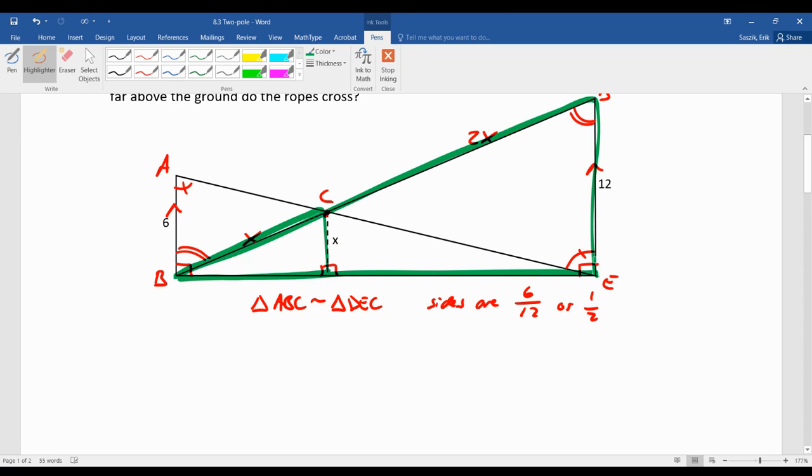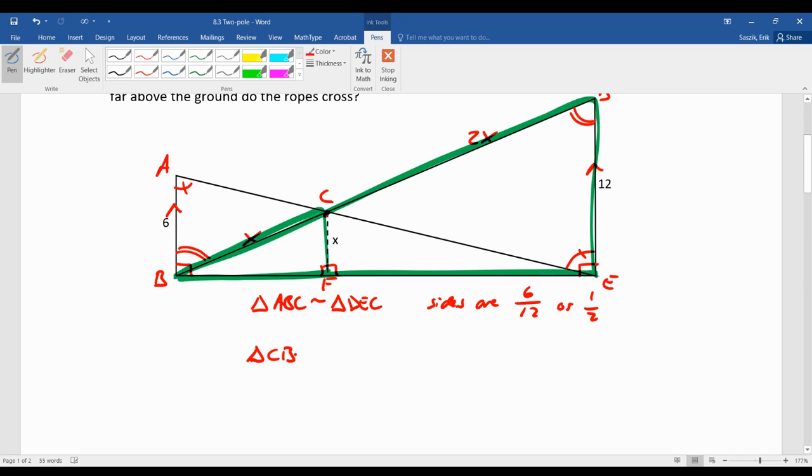Because they both have this right angle and they have this reflexive angle. So if those are similar, and this is x and that's 2x, that means this hypotenuse is x, this whole hypotenuse is 3x.